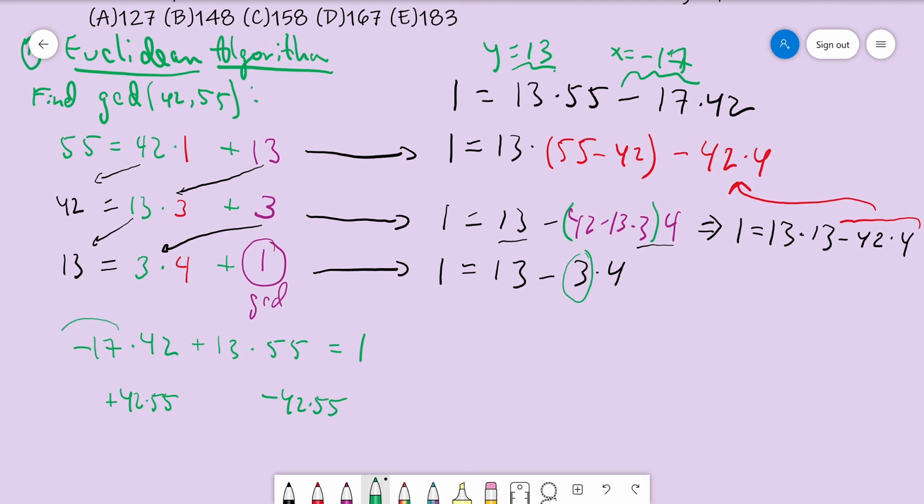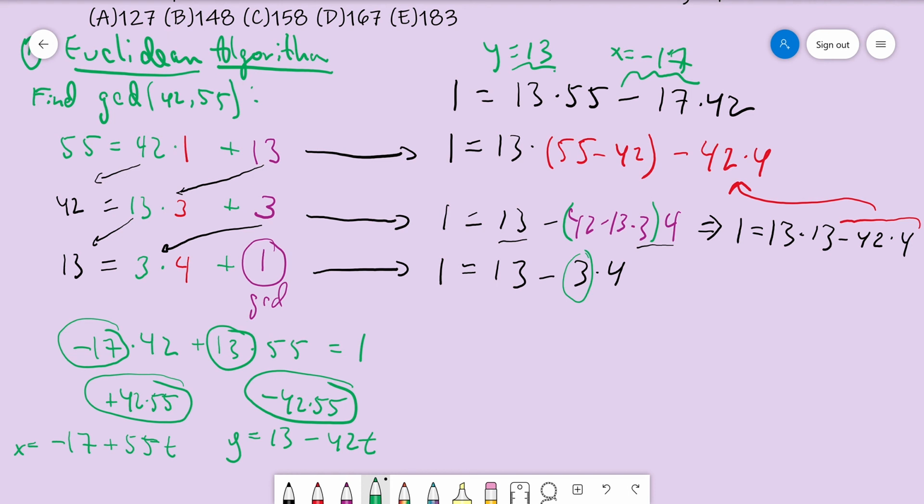If we take negative 17 and add to it a multiple of 55, and at the same time we take 13 and subtract from it the same multiple of 42, then that's like adding 42 times 55 over here and subtracting 42 times 55 over here. So that won't change your answer. So actually, our general solution is any pair of integers x and y of the form negative 17 plus 55 times some integer t, and 13 minus 42 times some integer t.